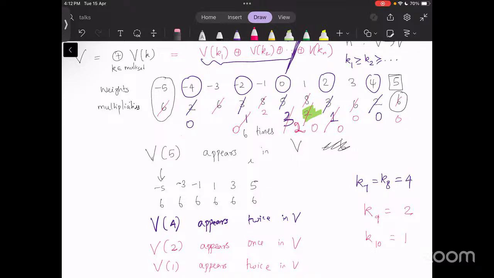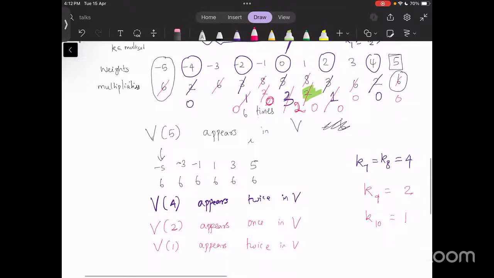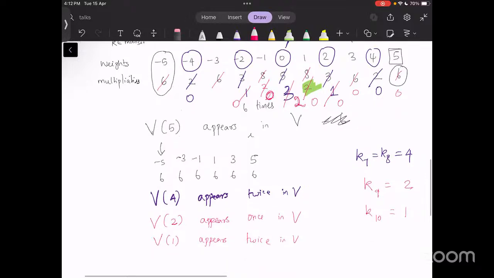No, because the weights in V1 are either 1 or minus 1. So this 2 is also gone. Now what is left in V? V0 is left in V. And how many times does V0 appear? Twice.